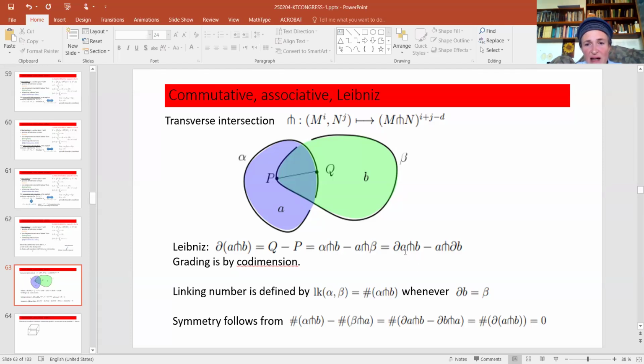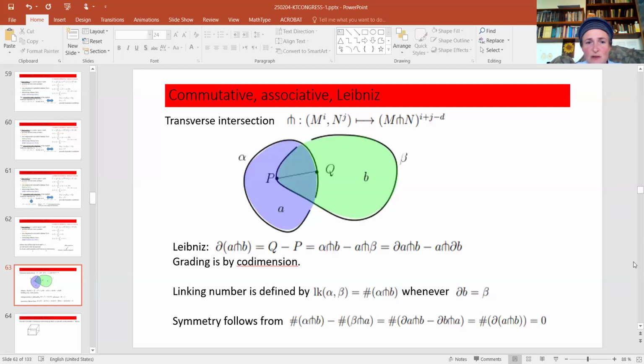And why is it the same either way round? Because the difference between the two is a boundary. So you have a boundary of any union of 1 cells. Then counting them, you will get 0. So that's where you get the symmetry of the linking number from.